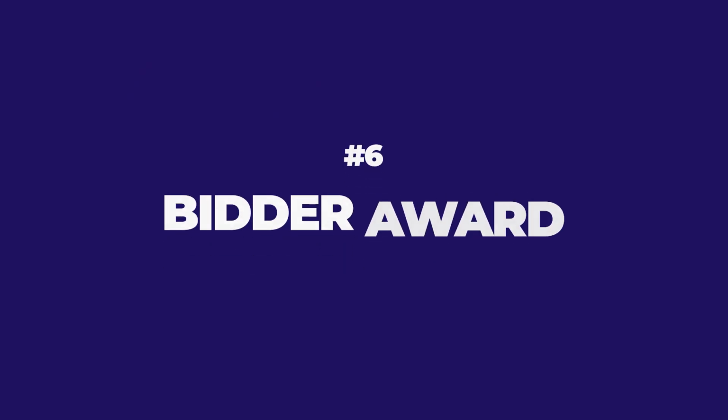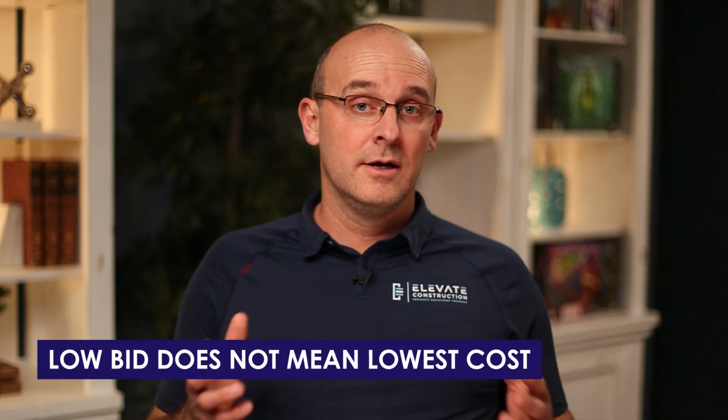Number six is the bidder award. And this is where you're going to award, obviously, the scope of work to a specific contractor, not just based on price or low bid, because we know low bid does not mean lowest cost.